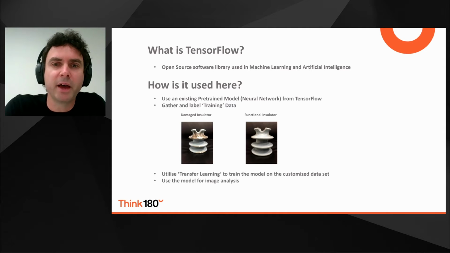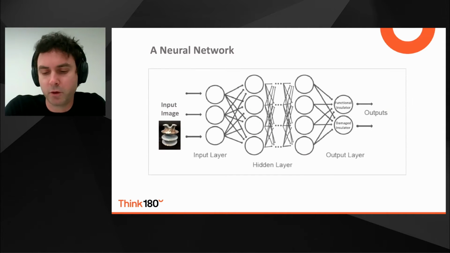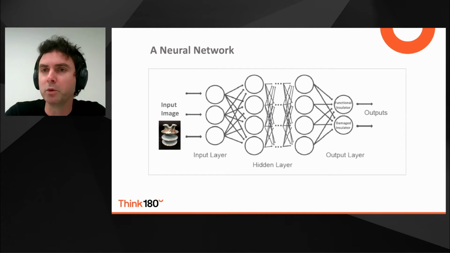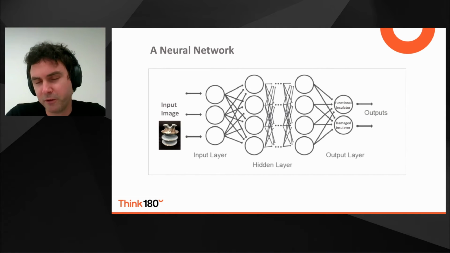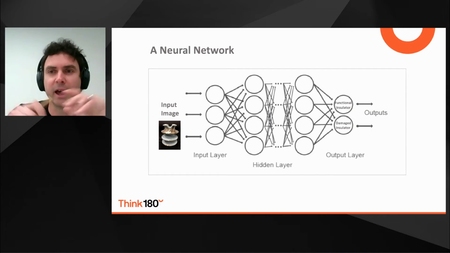So I'll just talk very quickly on how it's used here. Basically, we're using a pre-trained model. It's a TensorFlow pre-trained model. And what that is, basically, is a neural network. So I'll do a very high-level 101 neural network overview. Basically, this allows you to train a neural network.